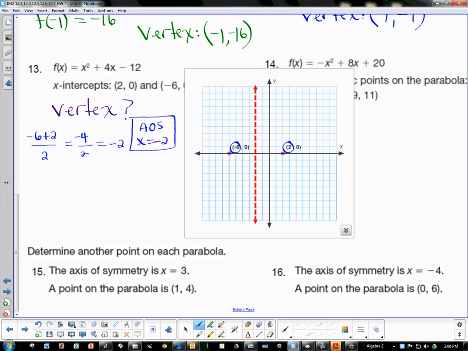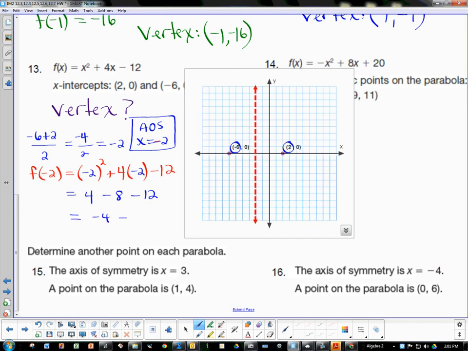Now all I have to do is plug in. So let's do f at negative 2 is equal to parentheses squared plus 4 times the set of parentheses minus 12. Let's substitute negative 2 in. This will be 4 minus 8 minus 12.